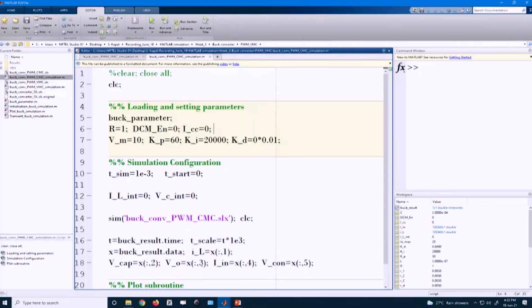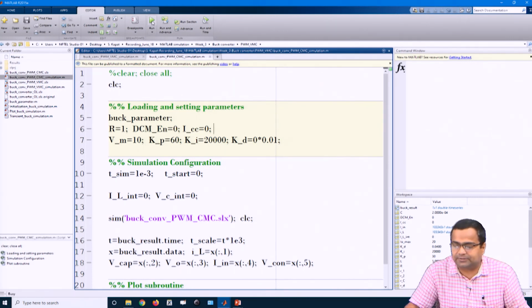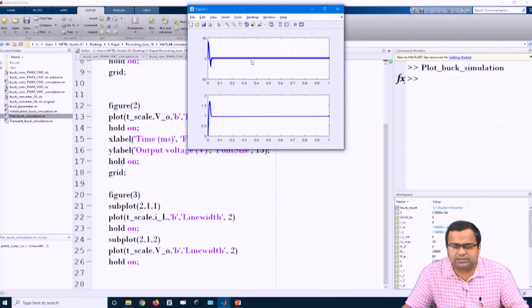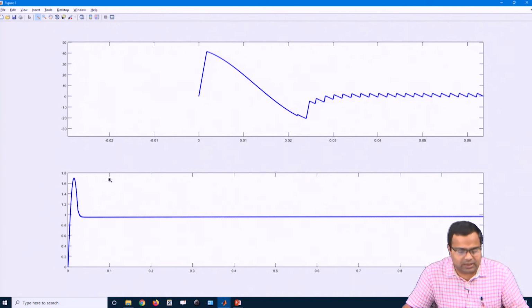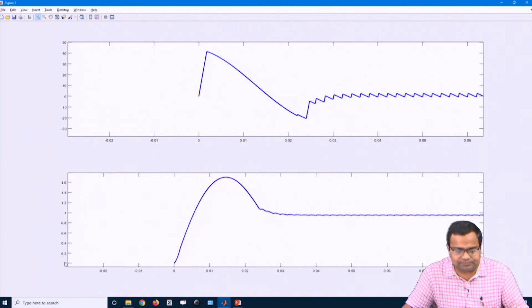Okay. So, in this case, if I run the start again, that means we are starting. This is the startup, the top one is the inductor current and the bottom one is the output voltage.